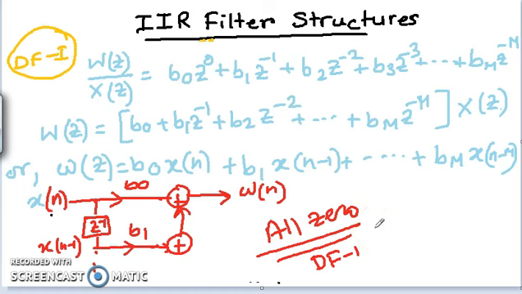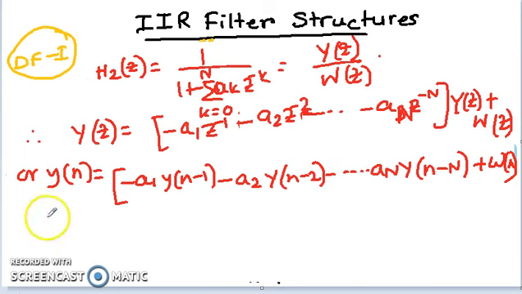Clear? Now just look at what happens in the next part. In the all pole system, we can write it in this way. So we have done it for the all zero system.